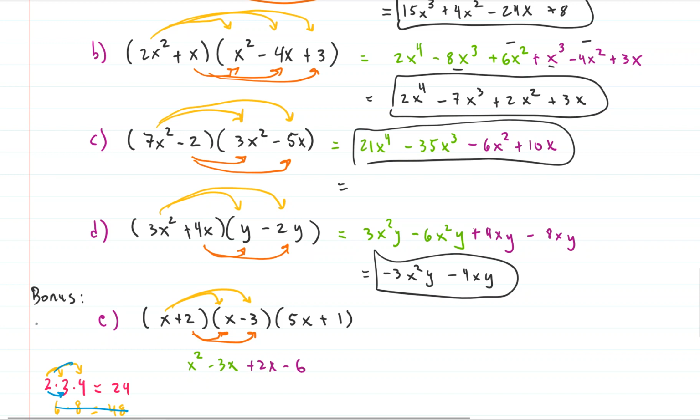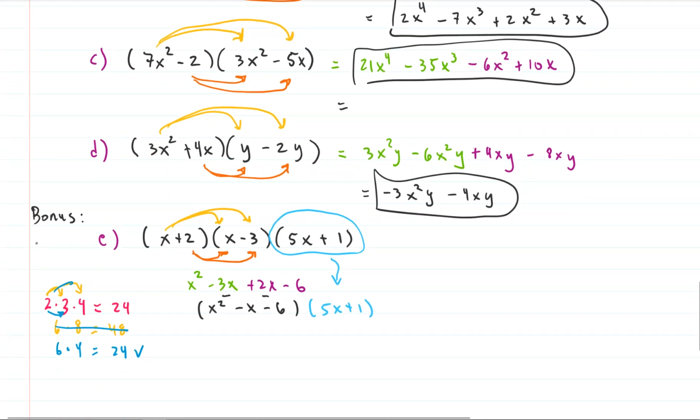Now we can combine like terms: negative 3x and 2x give us negative x. So we have x squared minus x minus 6. That's the new thing. And then we're going to bring down the 5x plus 1. I'm going to move that down a little bit because I need some more room for my distribution arrows, so I'm just rewriting this a little bit lower.